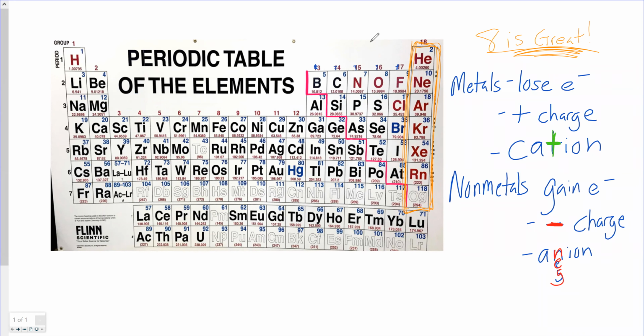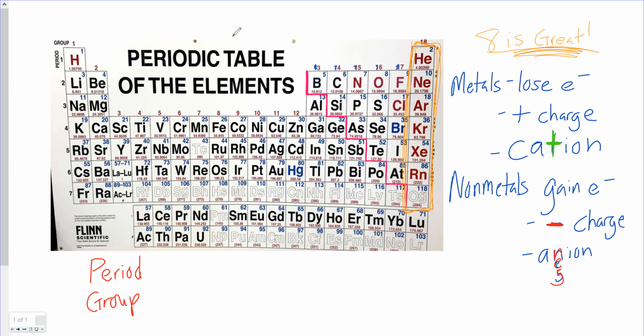When we talk about trends, we have to discuss them in 2 different ways. One is, what is the trend within a period? And the other one is, what's the trend within a group? If you're online, can you see that towards the bottom of my screen? You guys can see that, okay? Yes. All right.